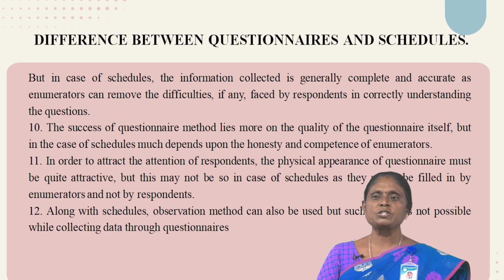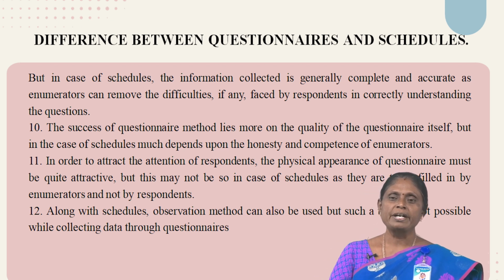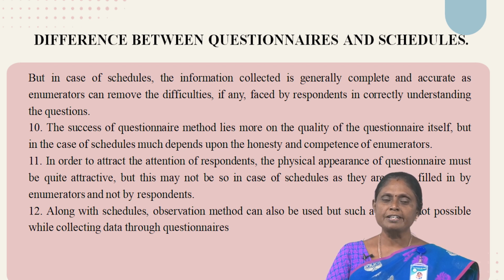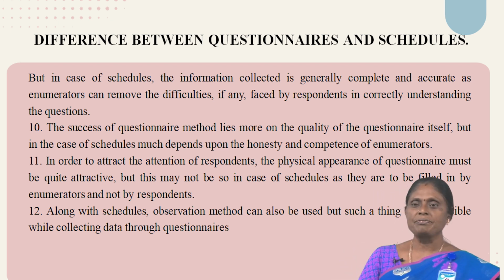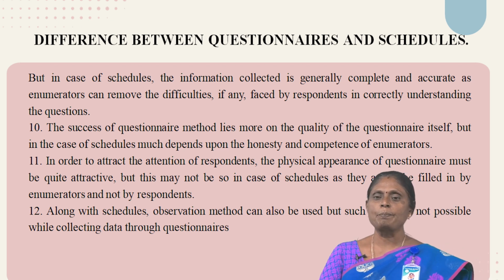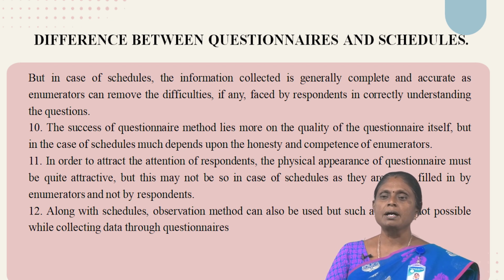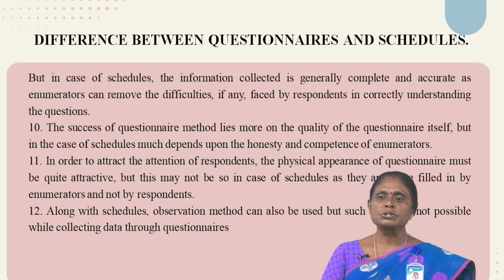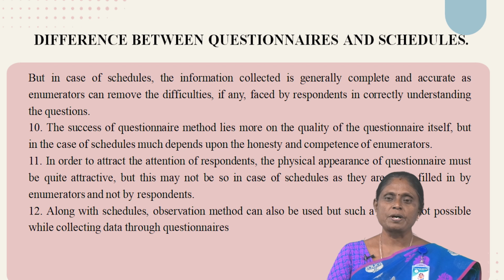The success of the questionnaire method lies more on the quality of the questionnaire itself. But in case of schedules, much depends upon the honesty and the competence of enumerators. In order to attract the attention of respondents, the physical appearance of the questionnaire must be quite attractive, but this may not be so in case of schedules, as they are to be filled in by enumerators and not by respondents.